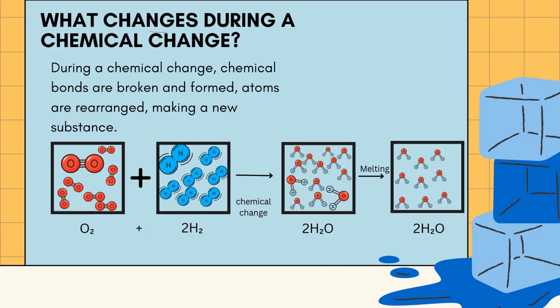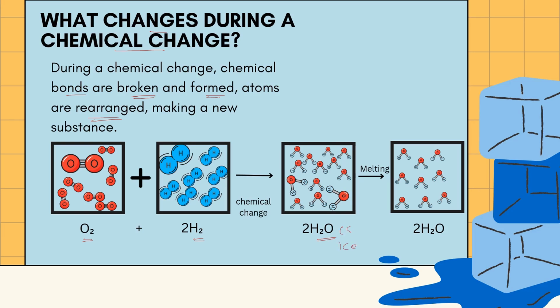What changes during a chemical change? During a chemical change, chemical bonds are broken and formed, atoms are rearranged, making a new substance. For example, formation of ice, that is water only. You add oxygen molecules to hydrogen molecules, we get a completely new substance, that is water in the form of ice.